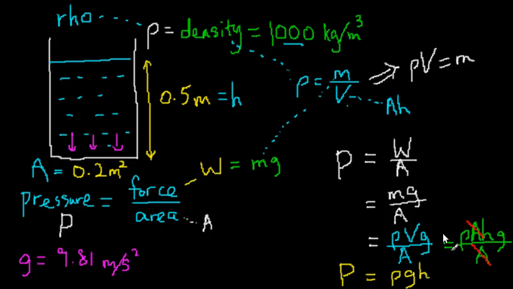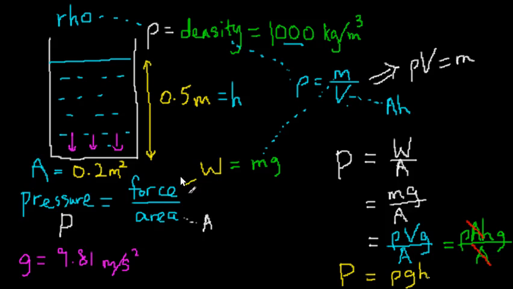So now let's find the pressure. The density is 1000, acceleration due to gravity is 9.81, and height h is 0.5 meter. I'm running out of space, so let me clear up some of this.